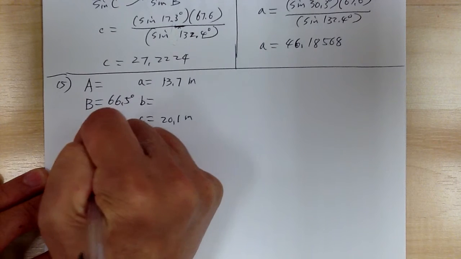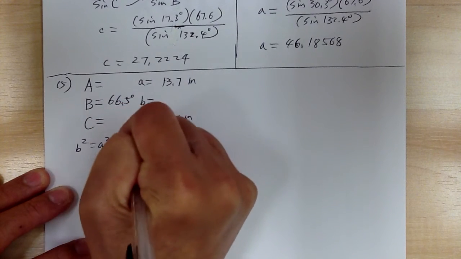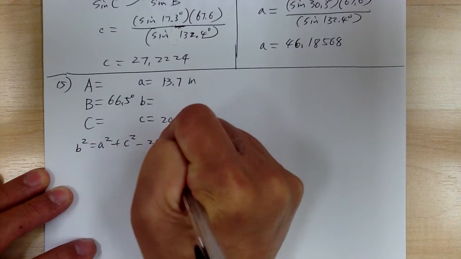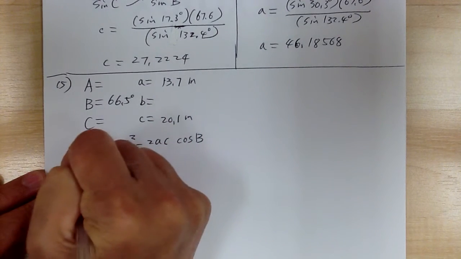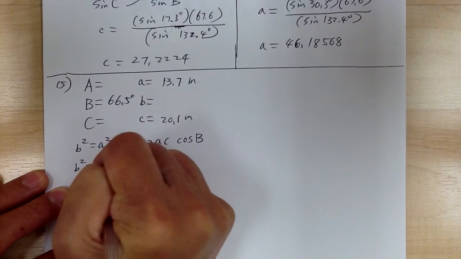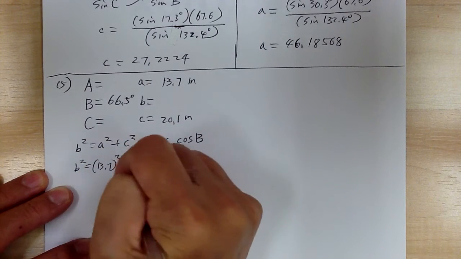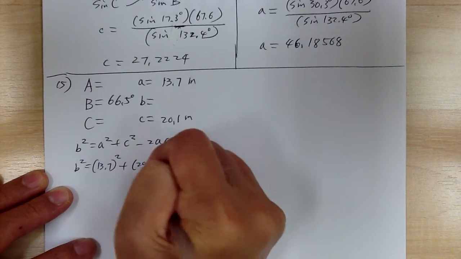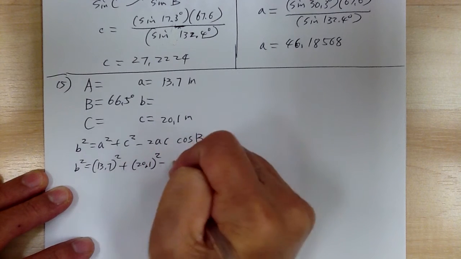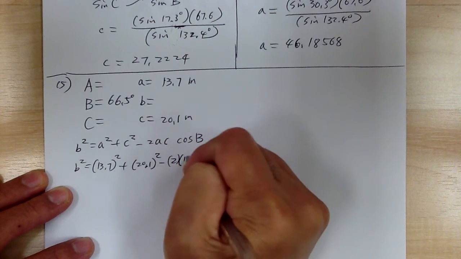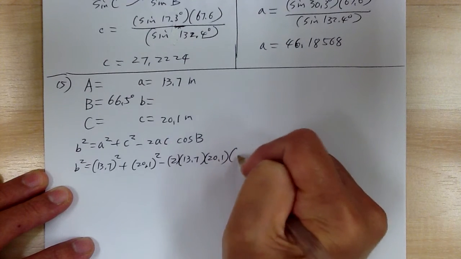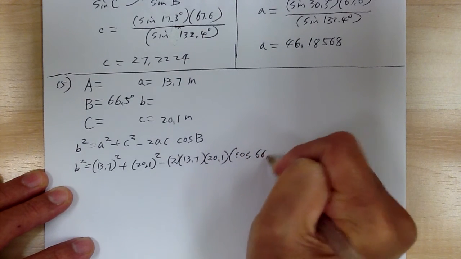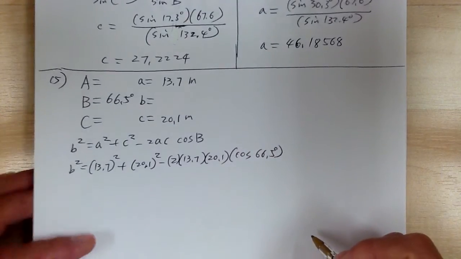So b squared equal to a squared plus c squared minus 2ac cosine of B. So b squared equal to 13.7 squared plus 20.1 squared minus 2 times 13.7 times 20.1 and cosine of 66.5 degrees.